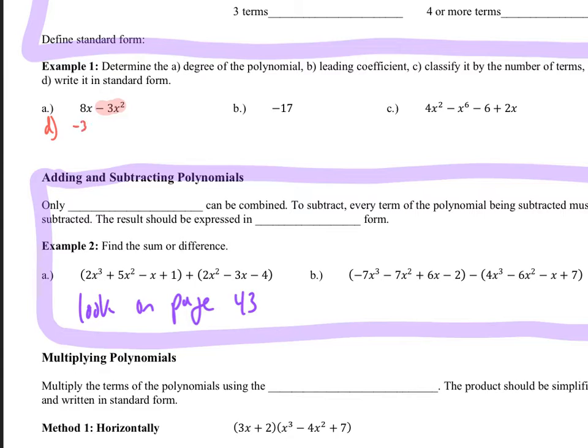So that'd be negative 3x squared, and then the positive 8x. Make sure the signs follow each term. And then since the degree is the highest one, that would be a second degree, which we would call a quadratic.